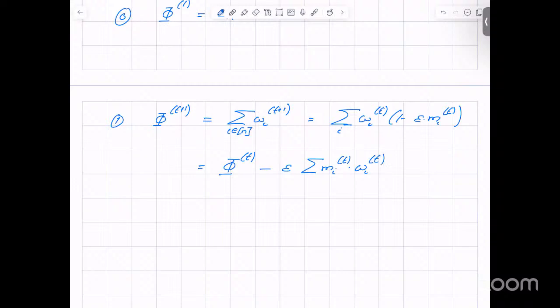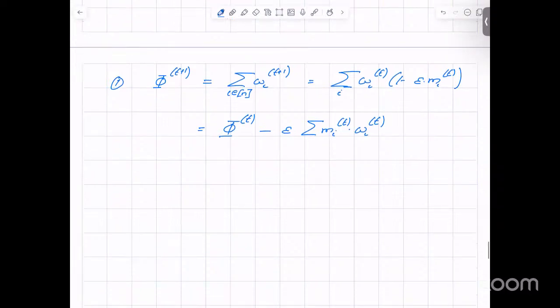But what is this quantity? I want to say this is exactly phi_t minus epsilon times phi_t times the summation of m_i^t p_i^t, because p_i^t is exactly w_i^t by phi_t.